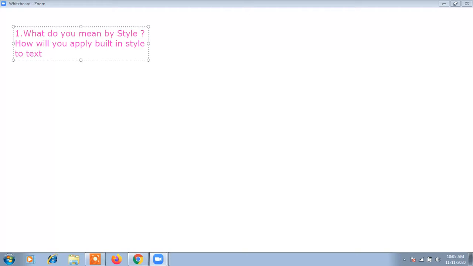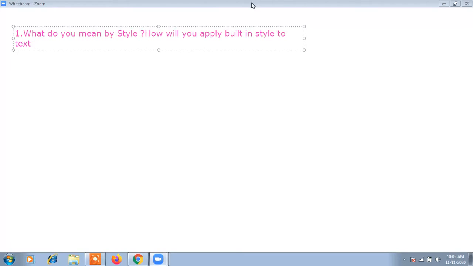How will you apply built-in style to text? So this is the question. What do you mean by style? How will you apply built-in style to text?